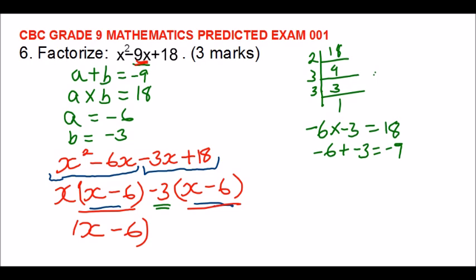When you factor that out, you will be left with x minus 3. So those are the factors. That is the procedure of factorizing. If you have not understood, check in our mobile application for other exams and the topic where I have taught how to factorize quadratic expressions.